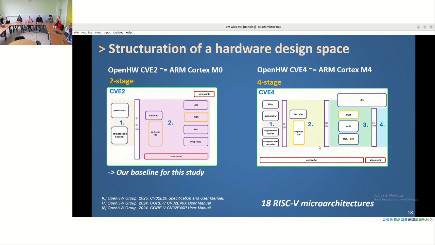So the definition of the RISC-V ISA allowed those hardware architectures to be freely available and configurable. This gives us a framework to work on. If we had worked on ARM Cortex M0 and M4, we would have had only 2 microarchitectures and possibly not access to the microarchitecture SystemVerilog, which we have access to here. So this gives us more margin to work with.